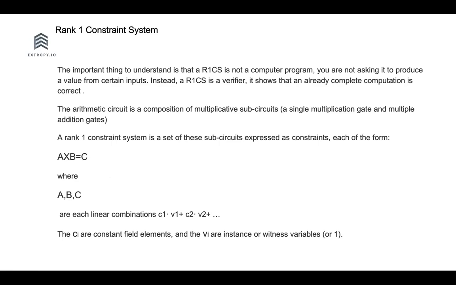And from that we get a constraint system. Now this often puzzles people. People get the wrong idea about this. So this rank 1 constraint system is not a computer program in the sense that people usually understand them, in the sense it's an algorithm that goes step by step. What it is, is a system which has various variables and sub-circuits. Now I'll show you a little diagram of one which will make more sense in a second. But it has all of these parts, and it really says that these parts are all constraints upon our values.